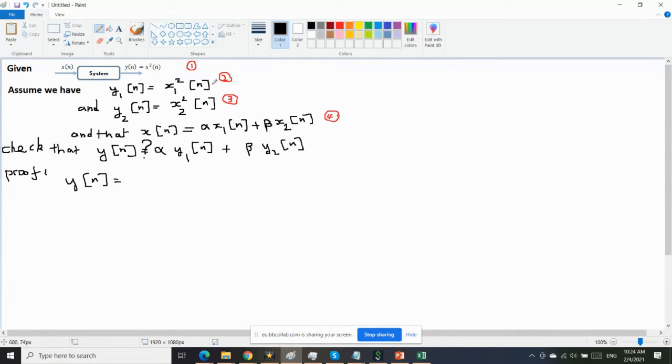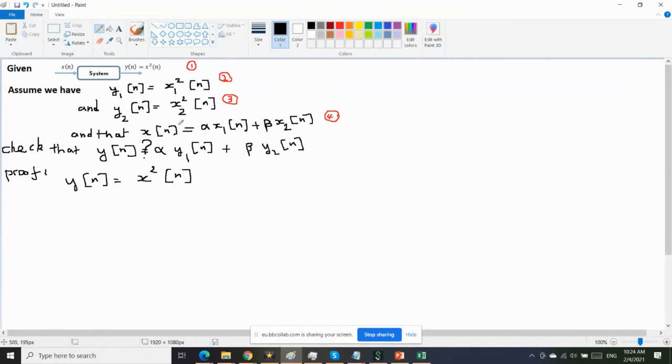According to equation 1, y[n] is equal to x squared. We want to reach this, so we need to break it into two parts. Which equation helps us?